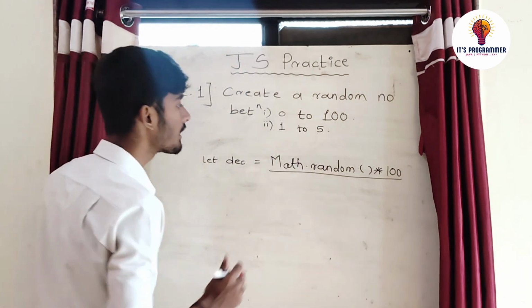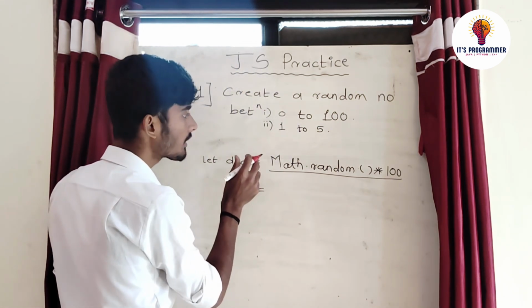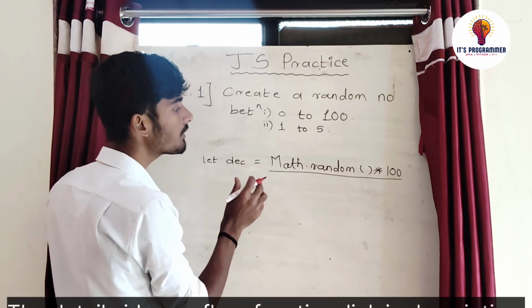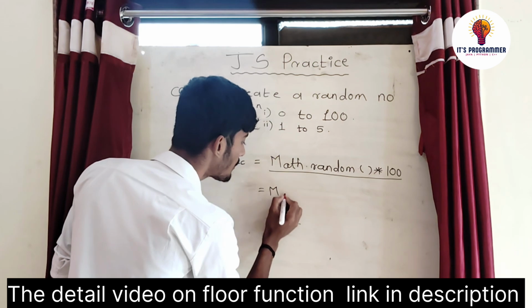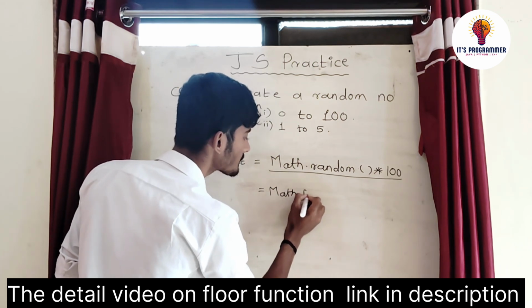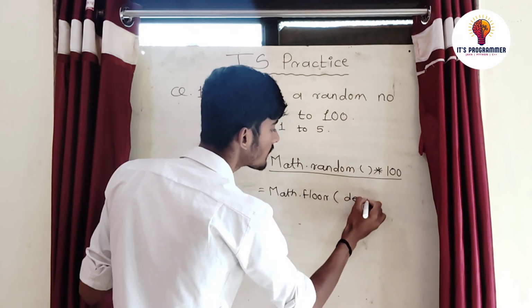Now we want to use the floor function, by which the decimal values will be neglected. So we will use Math.floor, and in this we will pass the dec variable.